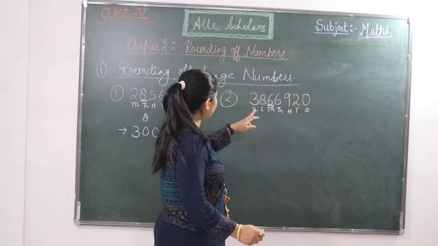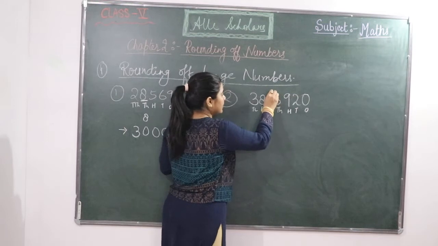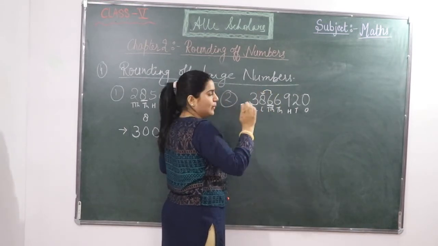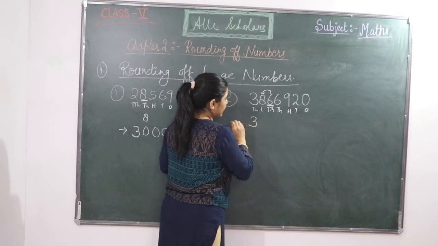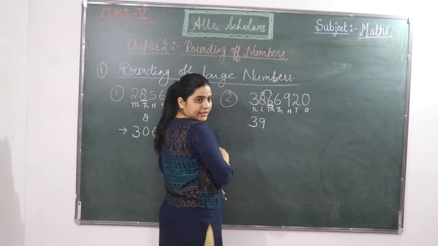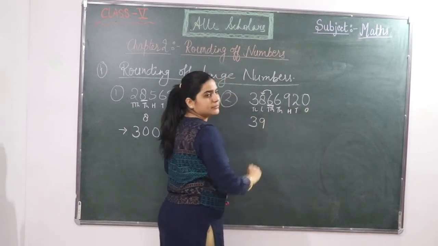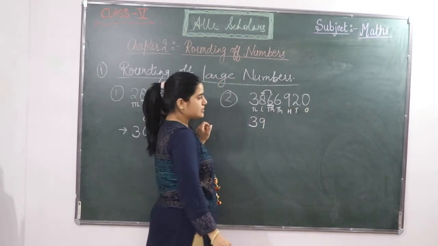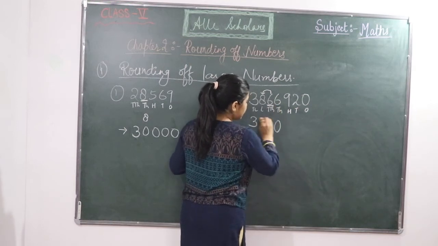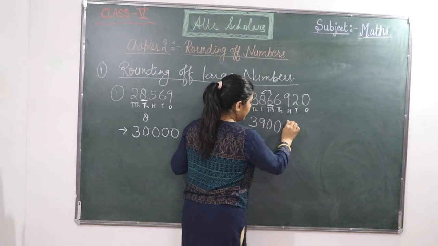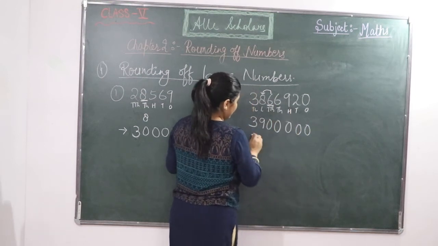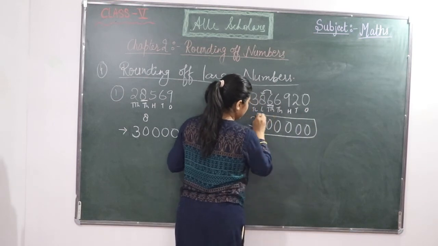So we increase the digit before it by 1. So 8 becomes 9. And all the rest of the numbers will be replaced by 0. So the answer will be this.